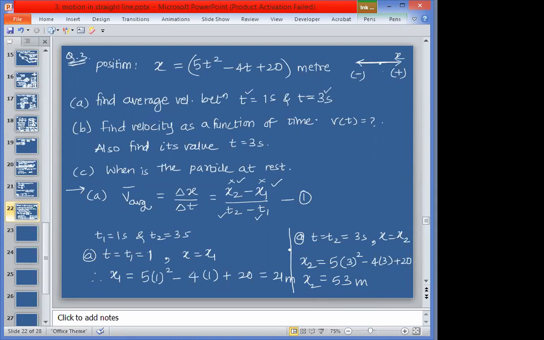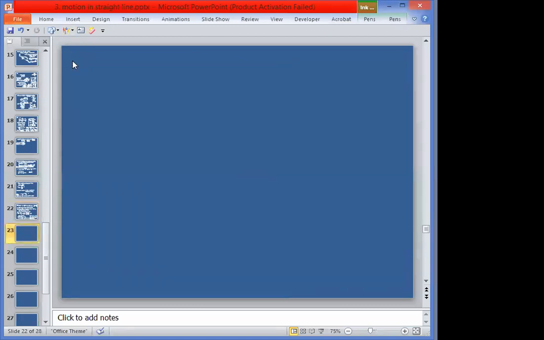So now we will use this data, final position and initial position, in this, and we will find the average velocity, displacement upon time. Change in position means displacement, change in time means time interval. Okay, in this way you can solve this question. So let's write average velocity.